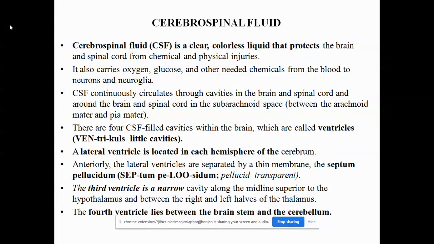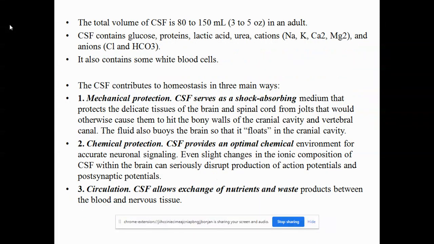The fourth ventricle lies between the brainstem and the cerebellum. So this is the position, and the total volume of the cerebrospinal fluid is 80 to 150 ml in an adult. What does it contain? It contains glucose, proteins, lactic acid, urea, and some ions: cations like sodium, potassium, calcium, magnesium, and anions like chloride and bicarbonates.